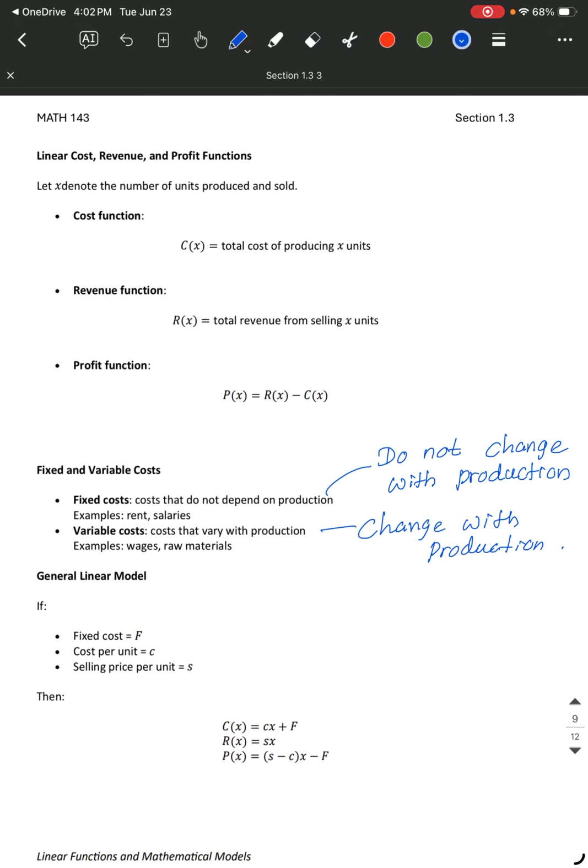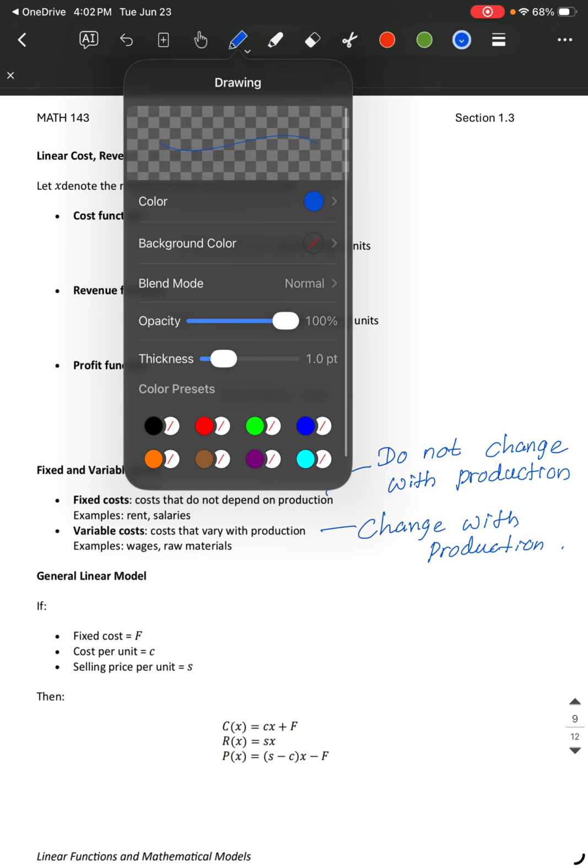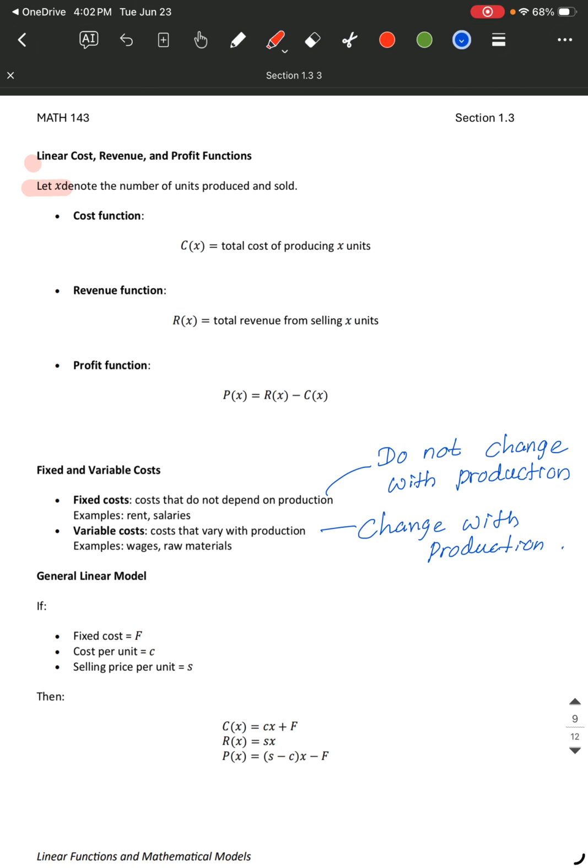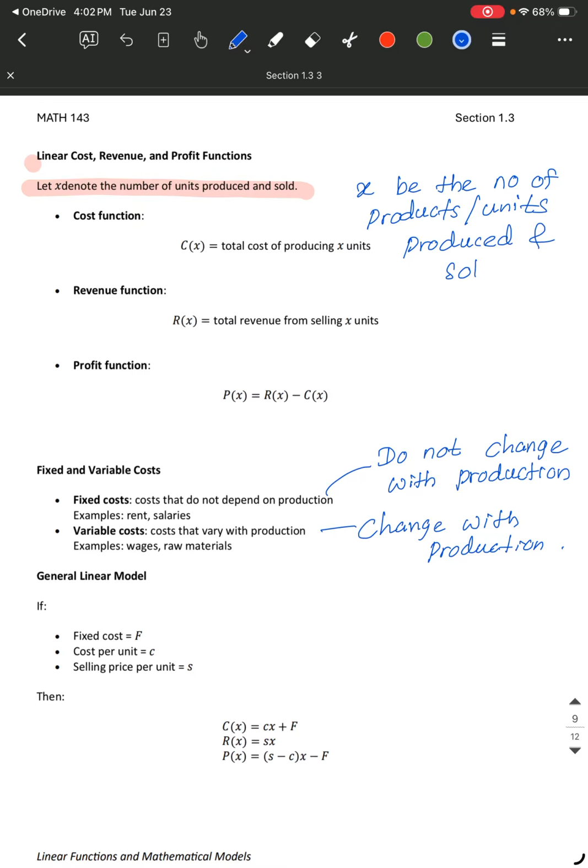Let's say X be the number of products or units produced and sold.